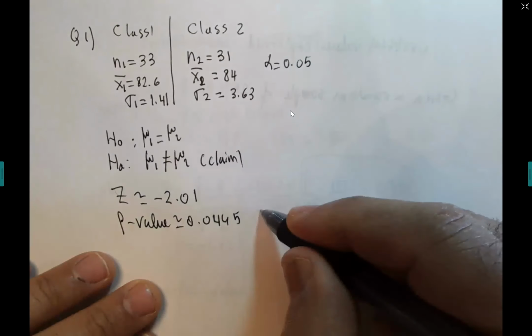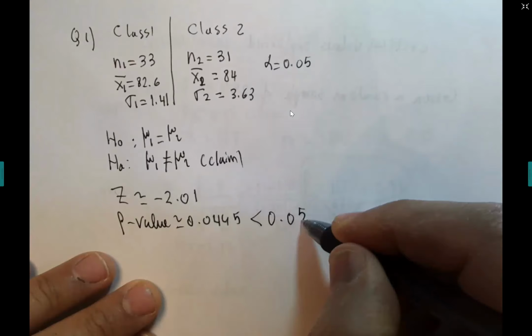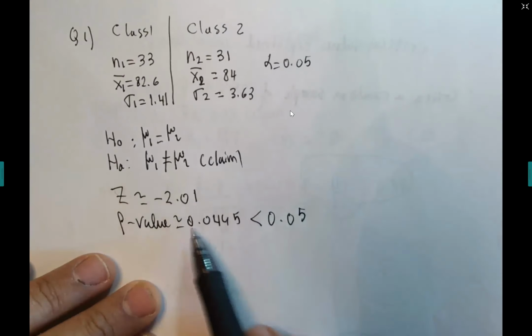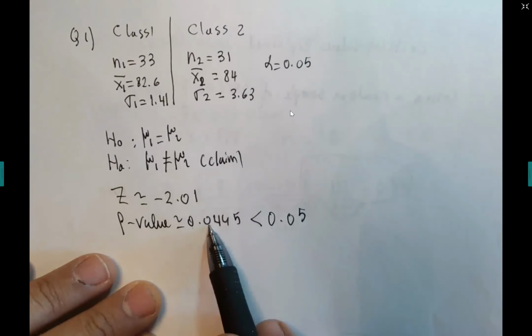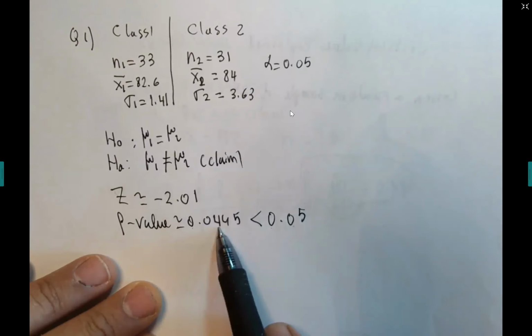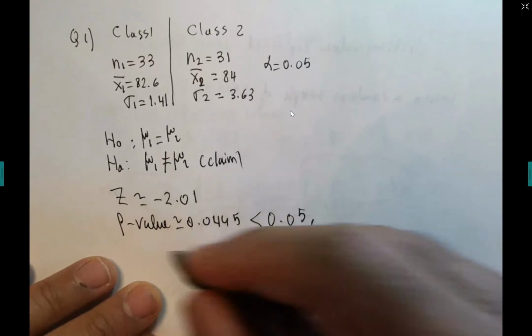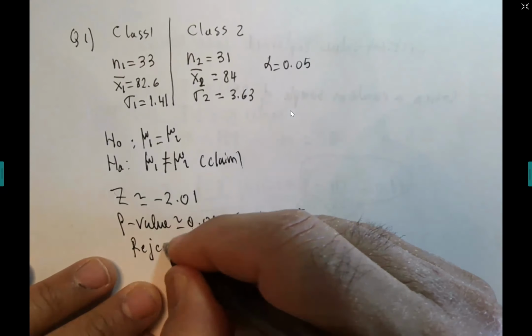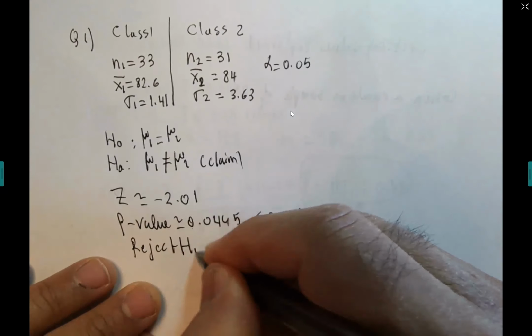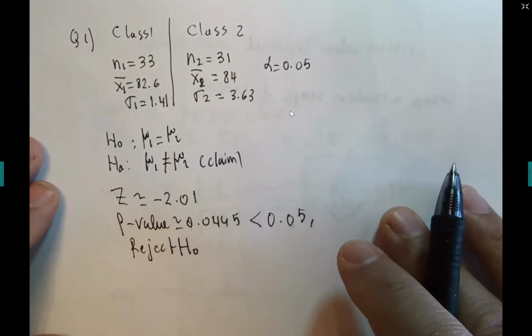You know this is less than 0.05, and this is how I compare, guys. This 0 is the same as that 0. This 0 is the same as that 0. This 4 is less than 5. That means the whole thing is less. So we reject HO. First time today, we reject HO.